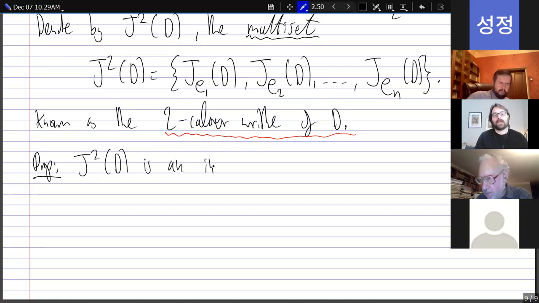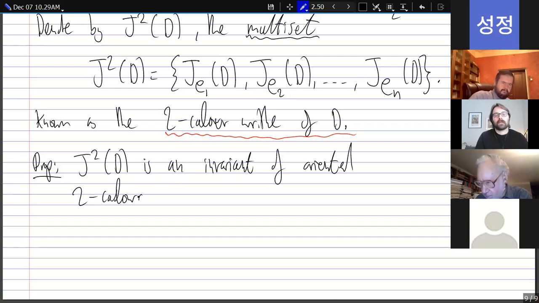It is an invariant of oriented two colorable virtual links.